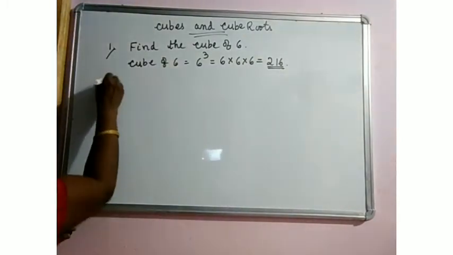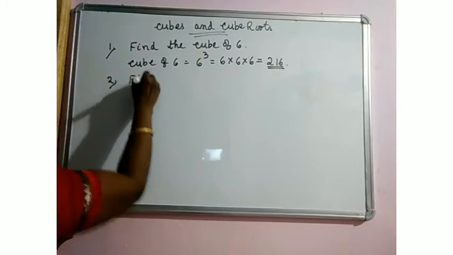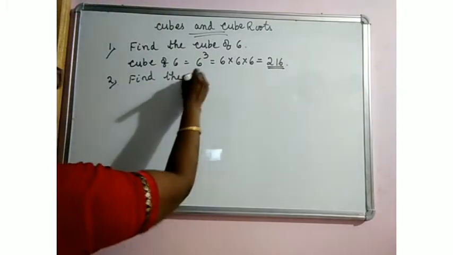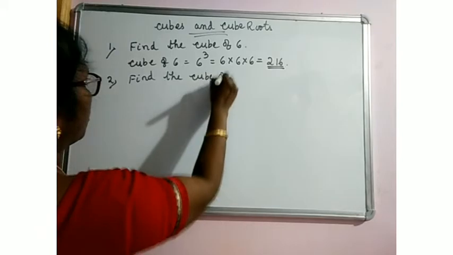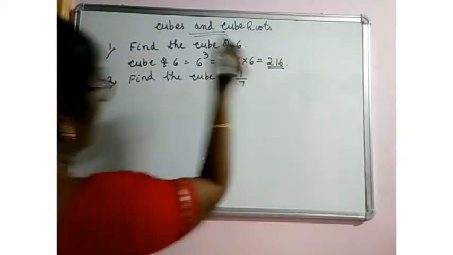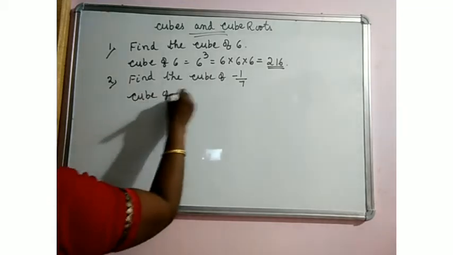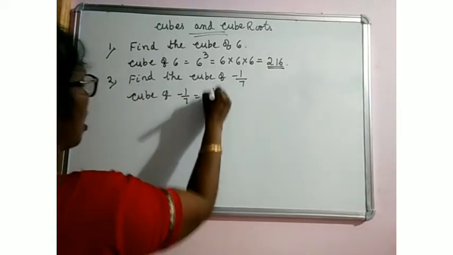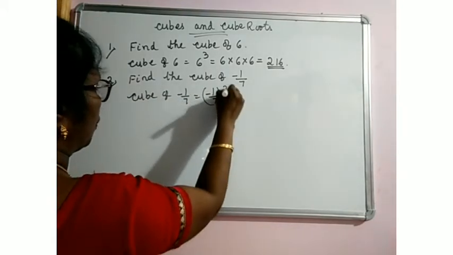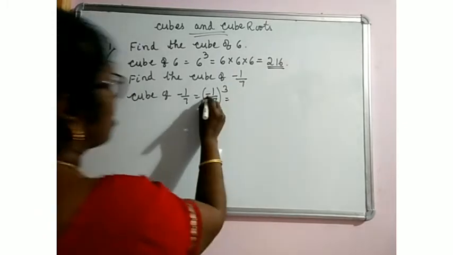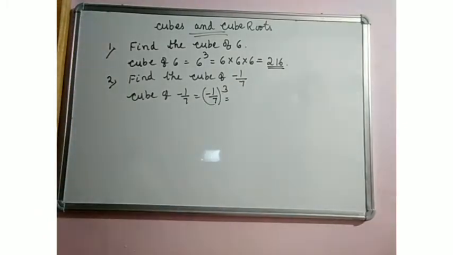Same way, if the question is find the cube of minus 1 by 7. Cube of minus 1 by 7 is minus 1 by 7 whole cube. That means minus to the power cube is minus.